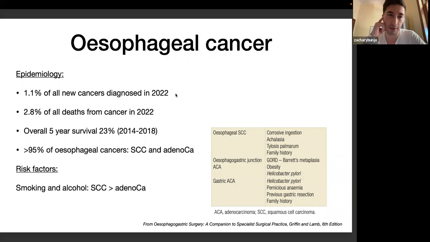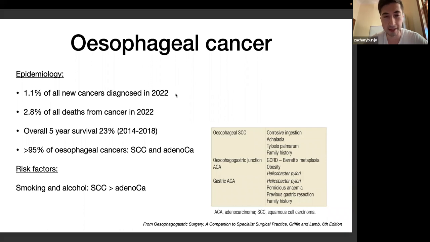And the esophagus represents 1.1% of all new cancer diagnoses. This is Australian data. 2.8% of all deaths. The overall 5-year survival is just north of 20%, which is pretty poor, obviously, and that's a reflection of many of these cancers presenting at quite an advanced stage.